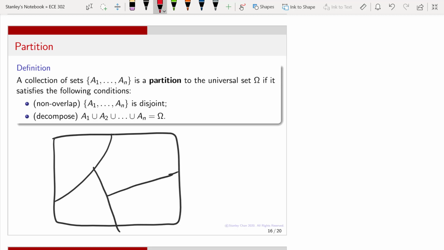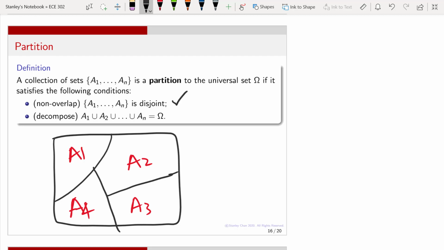Let's say here is your A1, this is A2, A3, and A4. You say that these sets A1, 2, 3, 4 form a partition when two criteria are satisfied. The first criterion is that they don't overlap, meaning that they are disjoint. For example, here they don't overlap in this diagram, so they're okay.